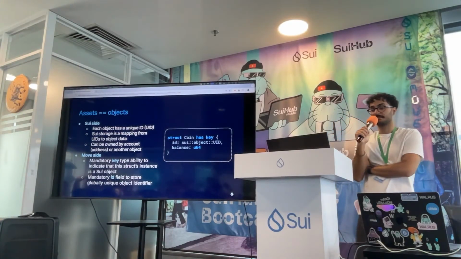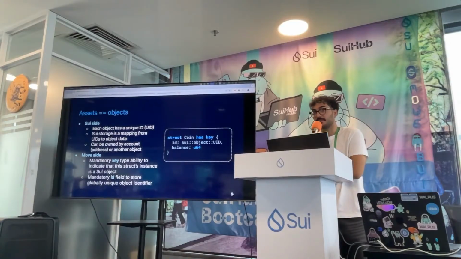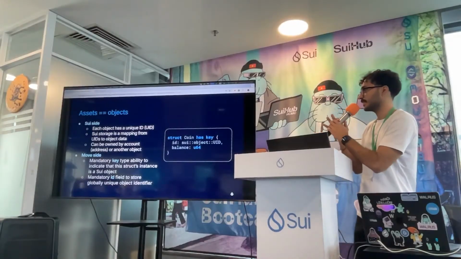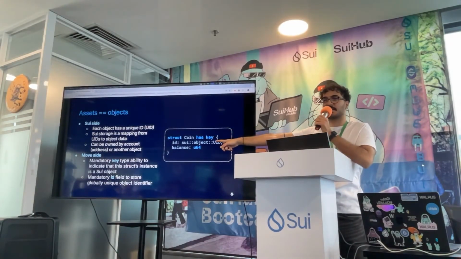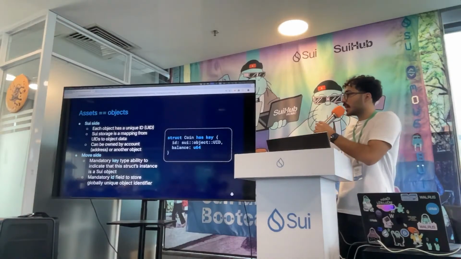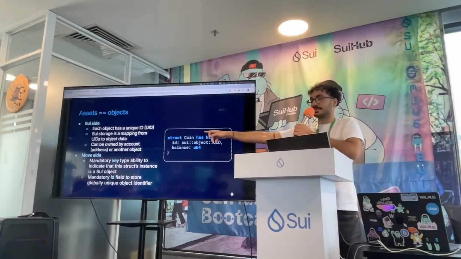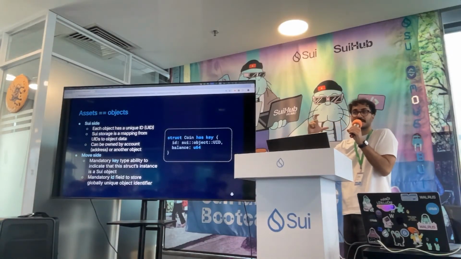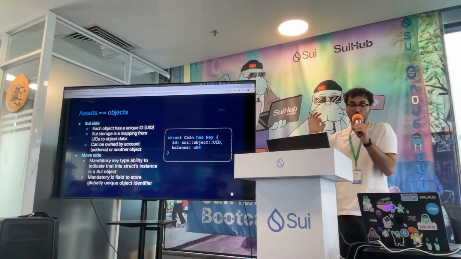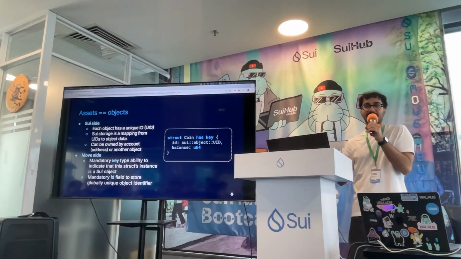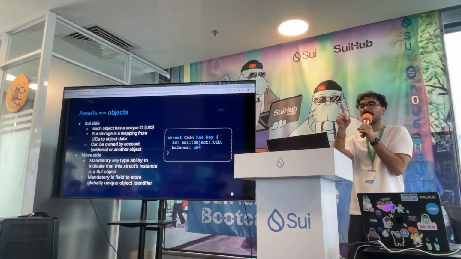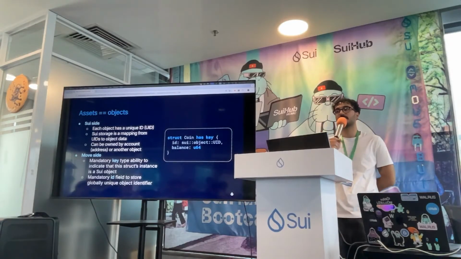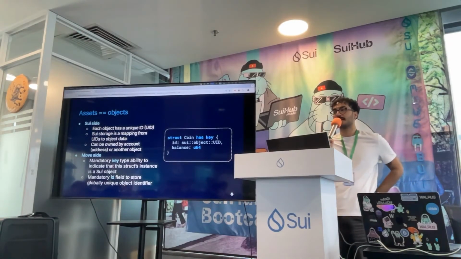On the Move side, if you are setting up a struct, as you see on the right here, this is a struct definition in Move. For example, a struct of a coin. If you are setting up a struct that will depict an object that will live on chain, you have to set the key ability. You see that has key. While working with Move code at the end of this day and in the days moving forward, we'll explain in detail what these abilities are.